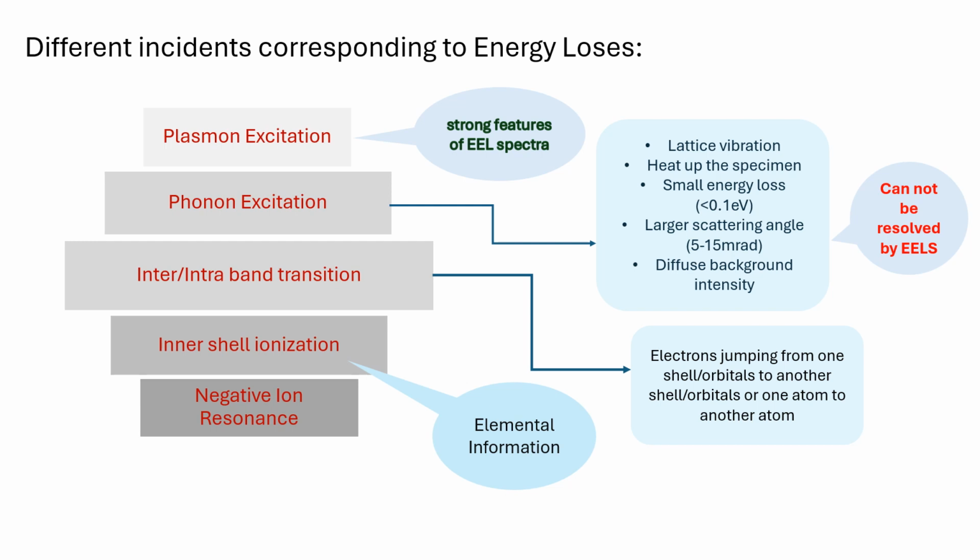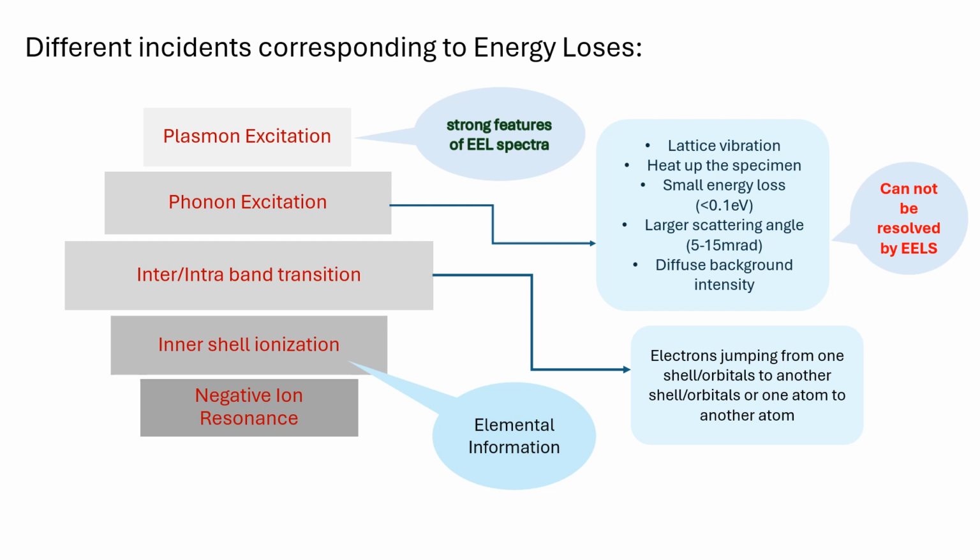So as we can see, the energy loss is very small, less than 0.1 electron volt, and generally an EELS spectrometer has a resolution of 1 electron volt. So EELS is not a very good technique to detect this kind of excitation.